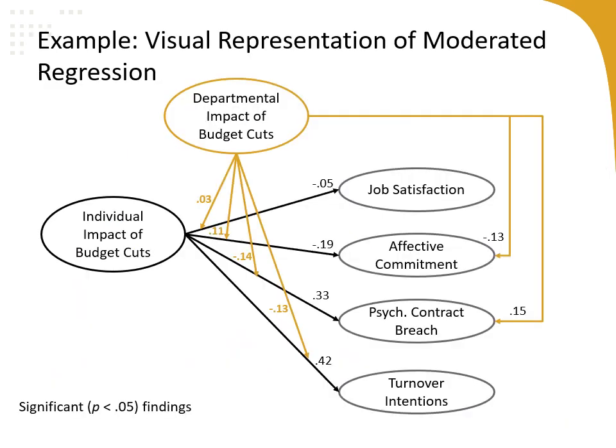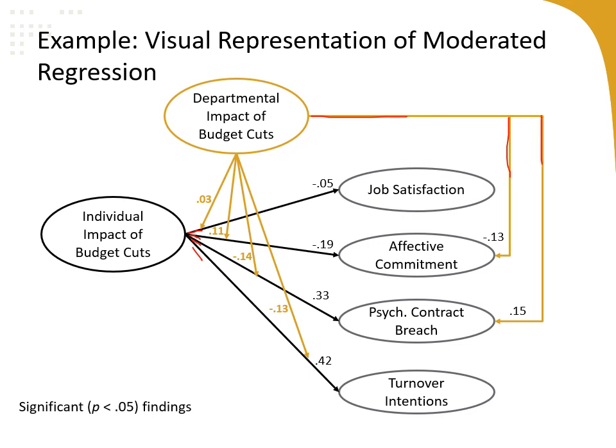And then this is just a visual representation of the numeric findings, not necessarily the graph, but you can see the impact of the budget cuts. This is representing the main effects, these black lines. This is representing the main effects of departmental impacts.